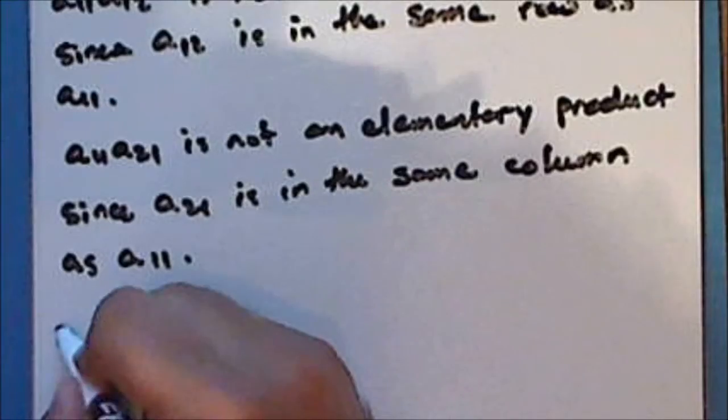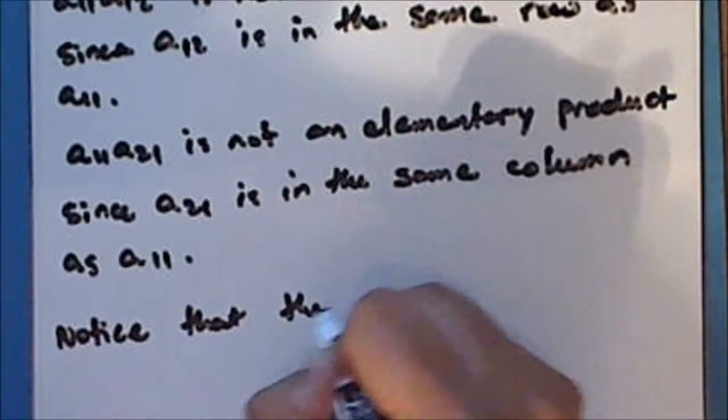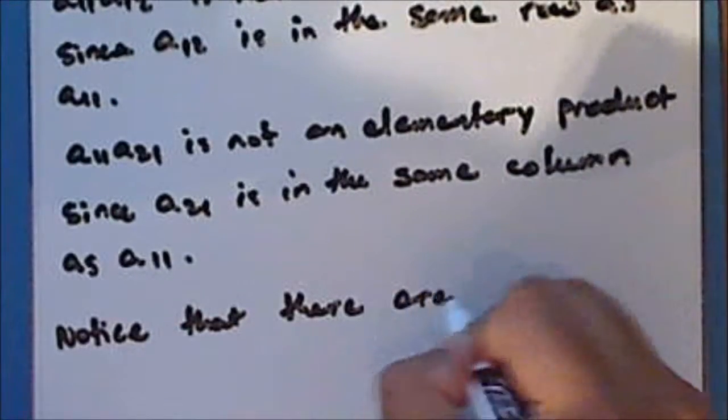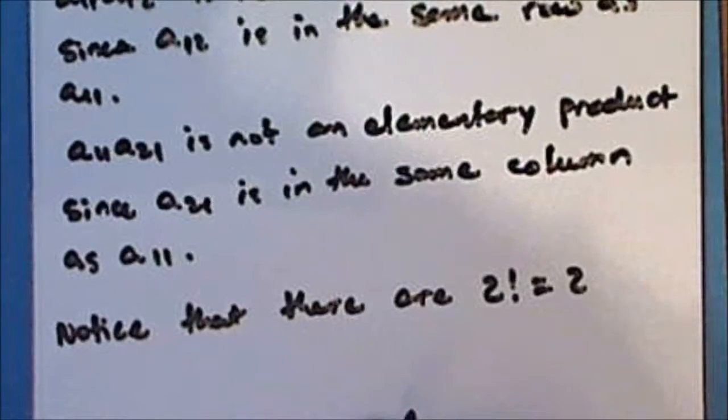And notice, once again, that there are 2 factorial, or 2 elementary products.